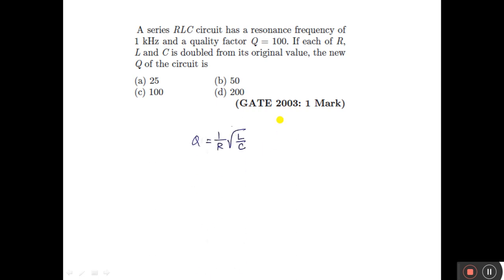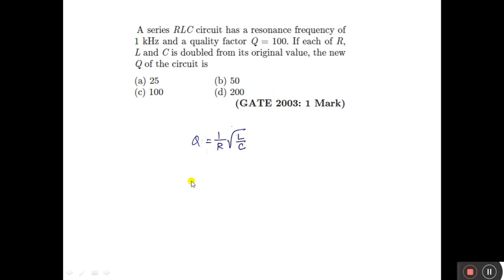So the formula Q equal to 1 by R root L by C, or we can say 1 by omega CR, or omega L by R. We can take three formulas, but here R, L, C, all the values are given.